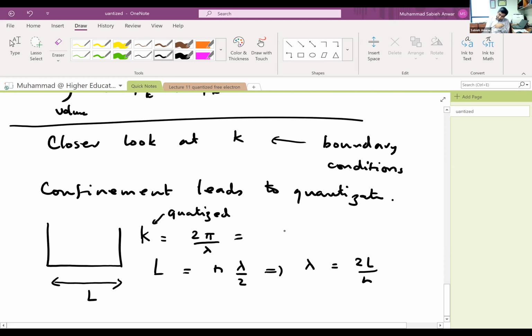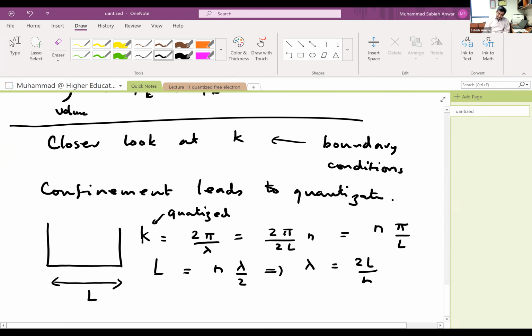So k is quantized in units of pi over L. So k could be 0, plus pi over L, minus pi over L, plus 2 pi over L, minus 2 pi over L, and so on. This is what we learn from the idea of a particle in a well.